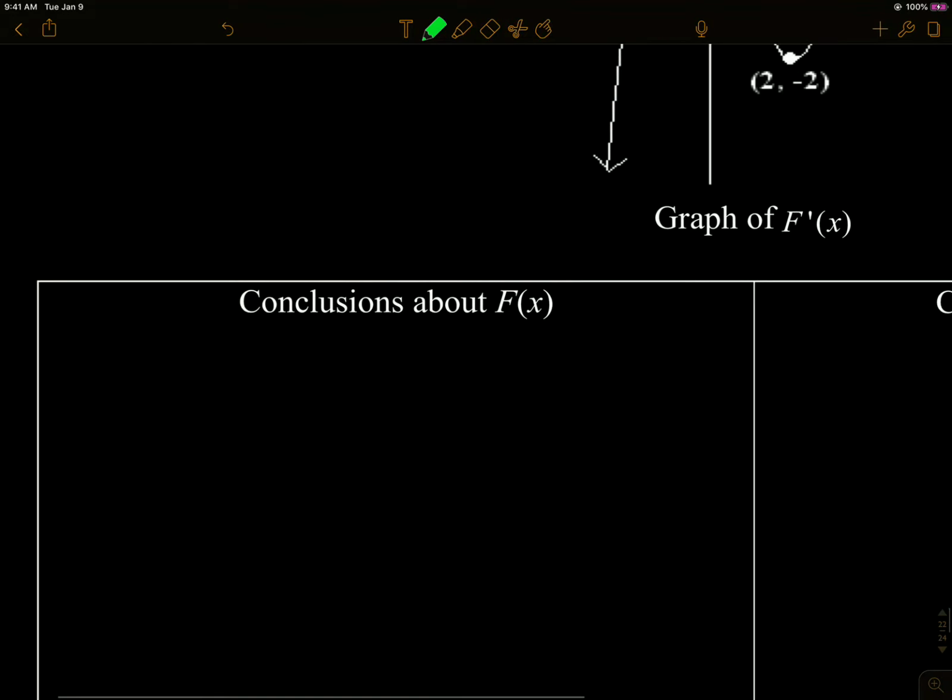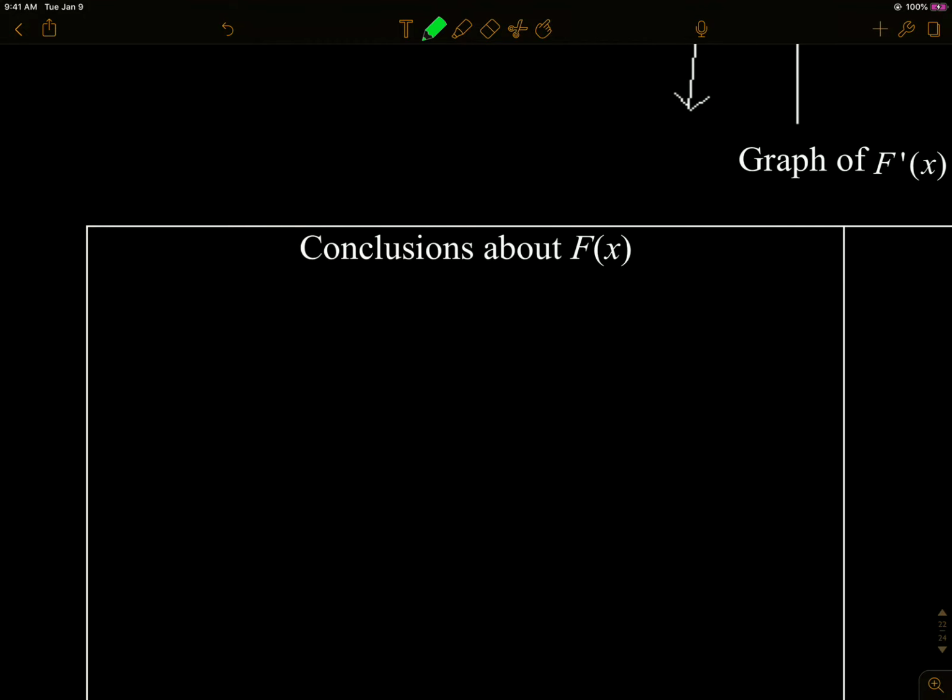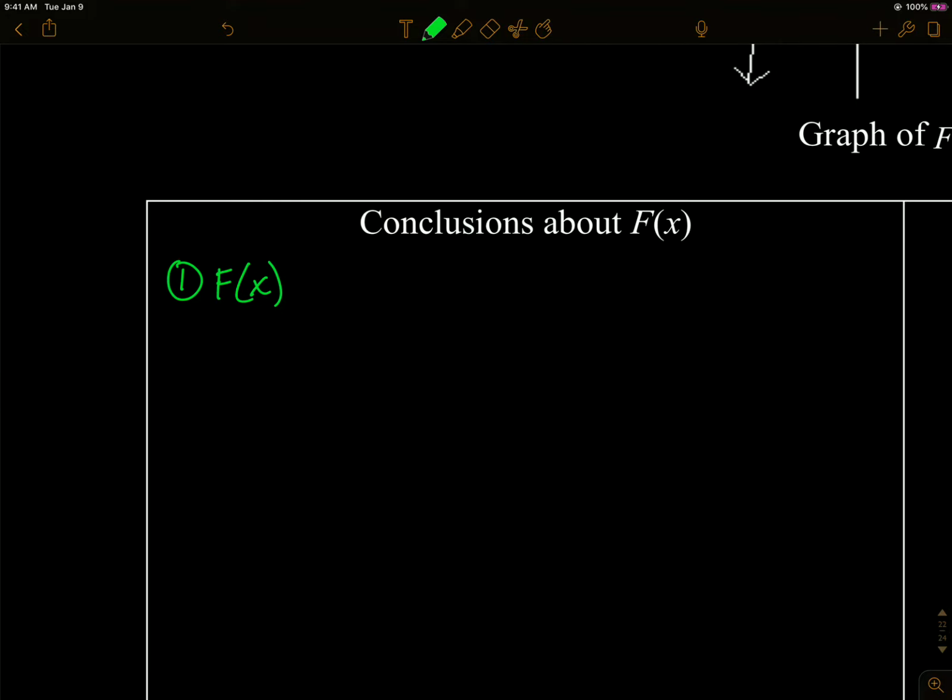So, conclusions that we can make about f. I could say that f of x, well, we're going to take this cubic and add 1 to its power, because it would have been an x to the 4th, right?